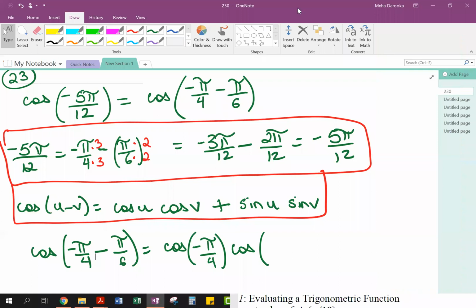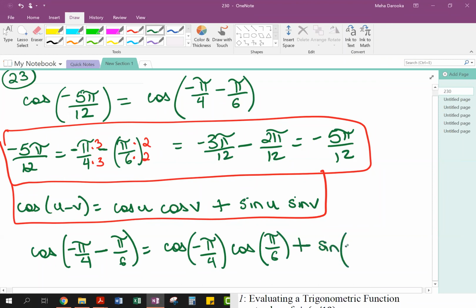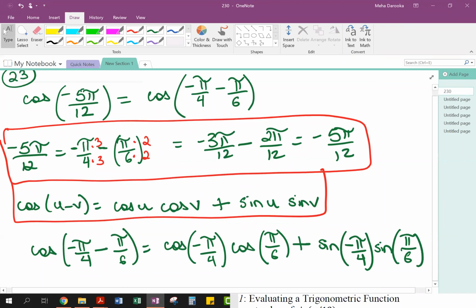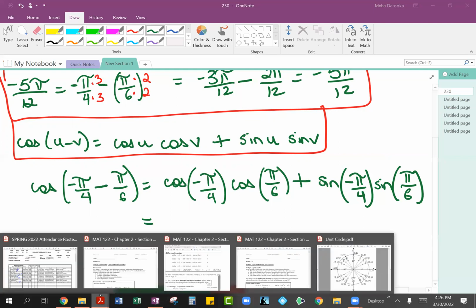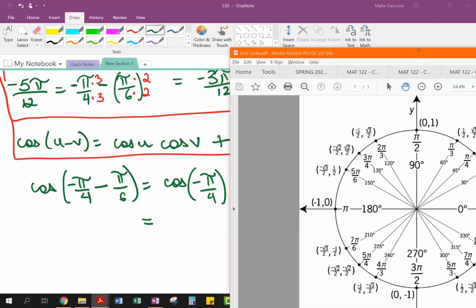Yeah, it's actually going to be positive because that minus sign is technically acting as a subtraction and not as a negative on the angle. So you will actually have a positive pi over 6 here. And then of course, plus then sine of u will be negative pi over 4, sine of v positive pi over 6, okay? And now, like I said, since these are the angles that you can find in your unit circle, you can get your values from there.